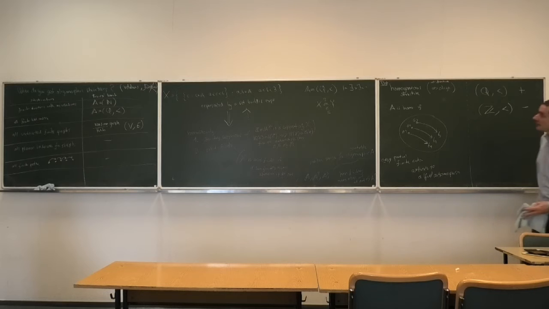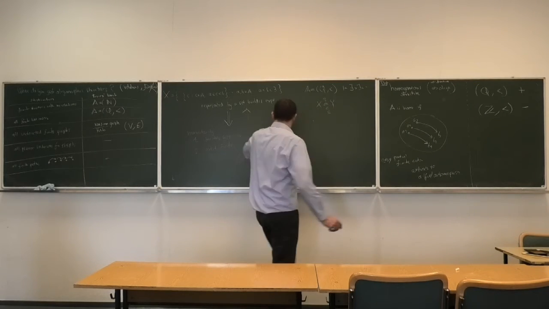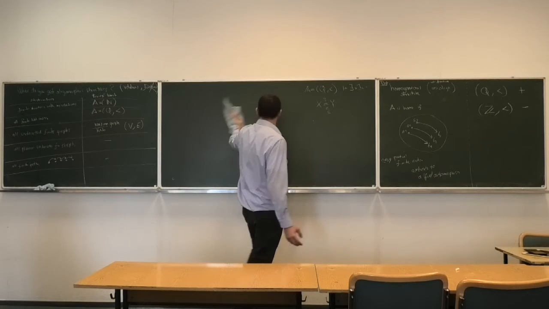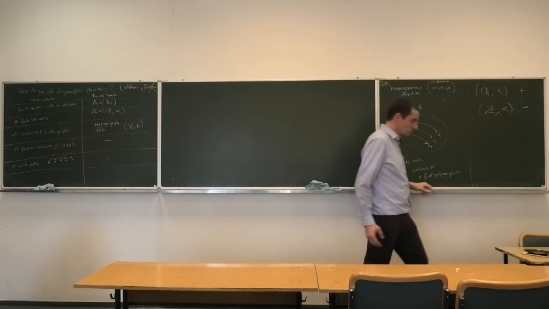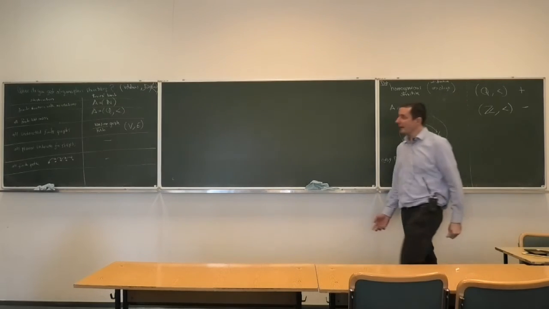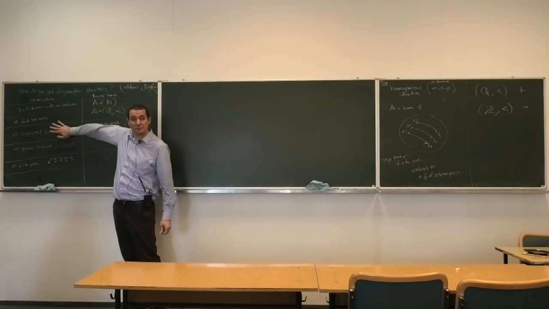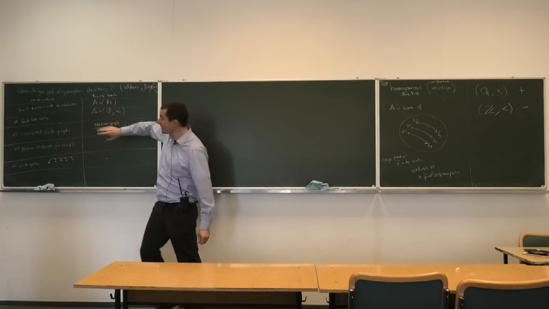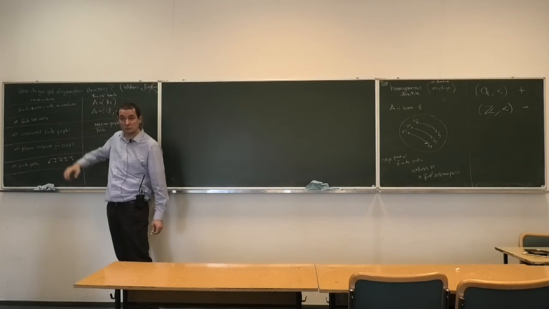And now I can explain the Fraïssé limit. So the Fraïssé limit of a class of structures is any homogeneous countable structure which has these structures as its substructures exactly.